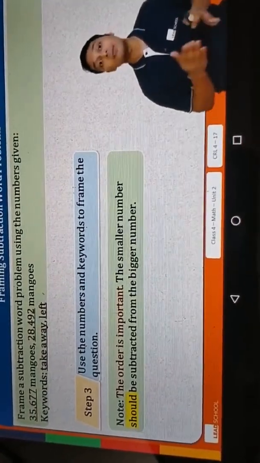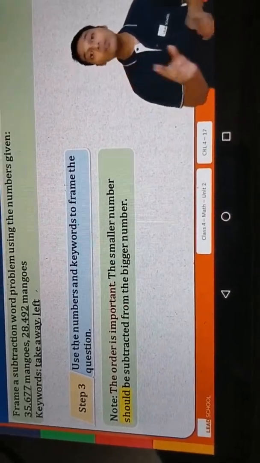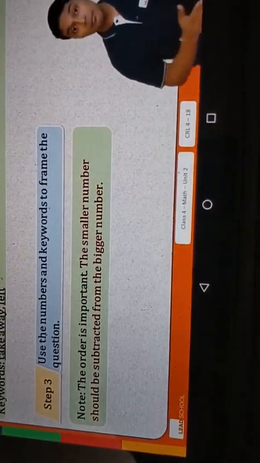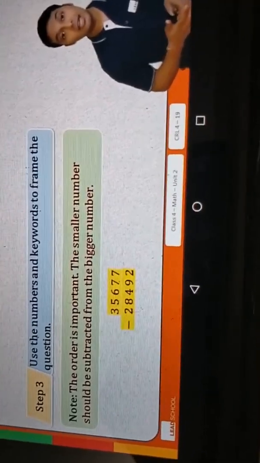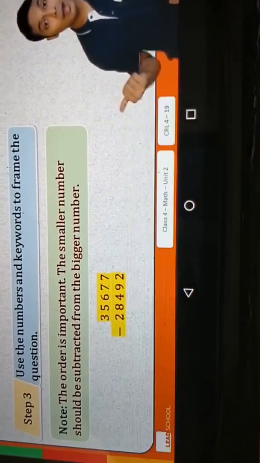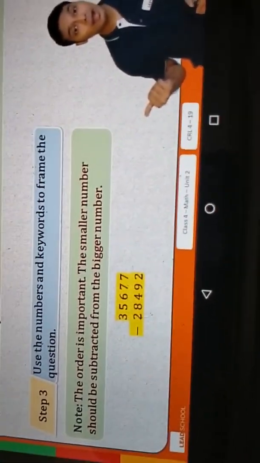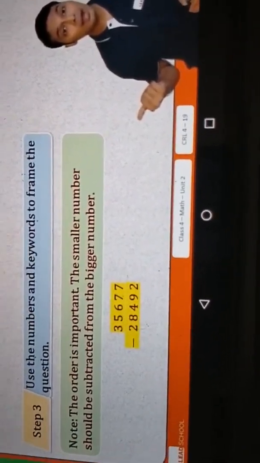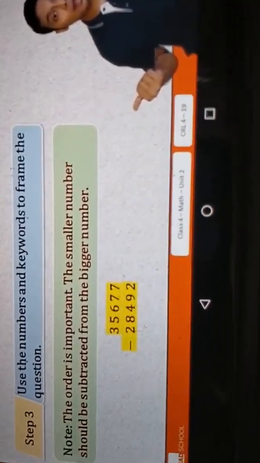But while framing a subtraction word problem, we should keep in mind that the order of the numbers is always important. The smaller number should be subtracted from the bigger number. So whenever you make a framing question, you have to identify that the smaller number should be subtracted from the bigger number.